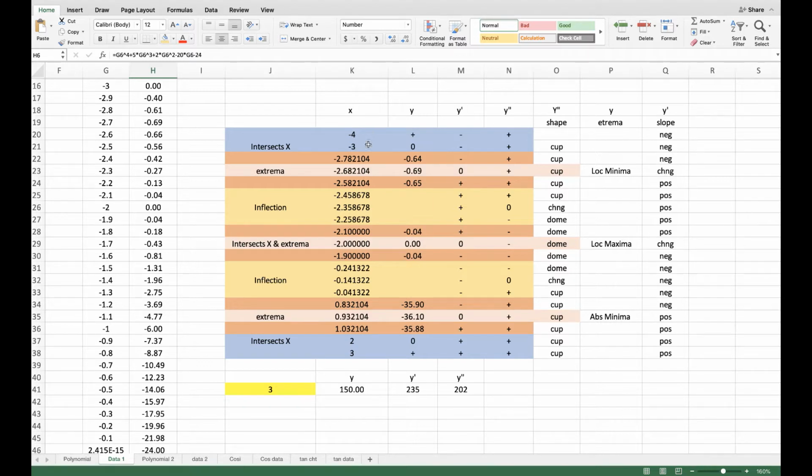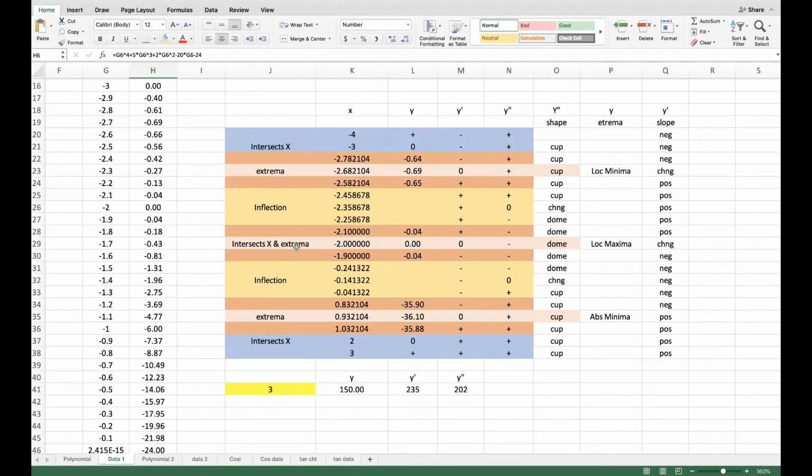So basically, I looked at the specific values that we calculated for y and y prime and double y prime, and I looked at their signs and their values. So where y prime is 0, which happened to be at x equals -2.68, that's going to be an extrema. The same where we have x equals -2.